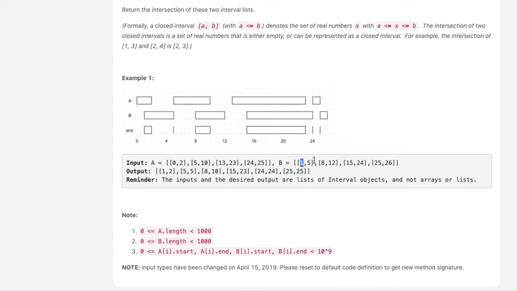Then we compare [5, 10] and [8, 12]. We see [5, 10] is the smallest one, we take [5, 10], and then after that we take [8, 12].